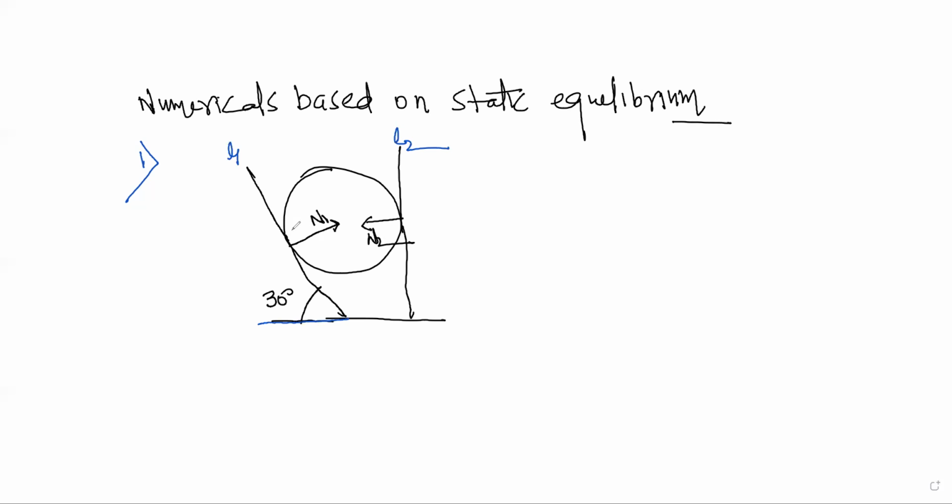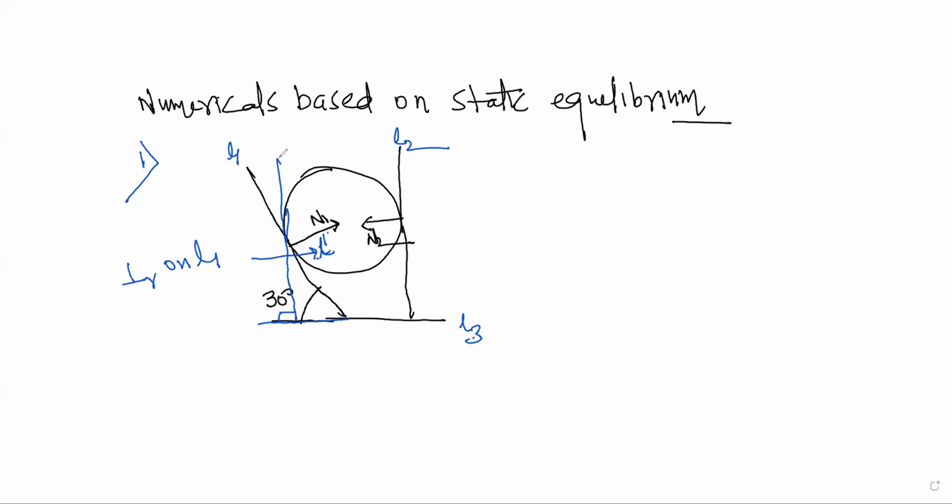So this is L1 dash. L1 dash is a line perpendicular on L1, and I have taken this line. So this is perpendicular over, let it be L3.